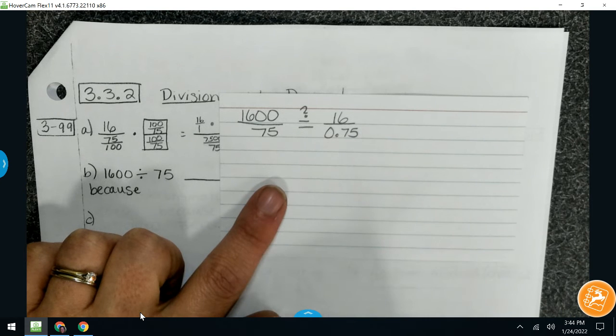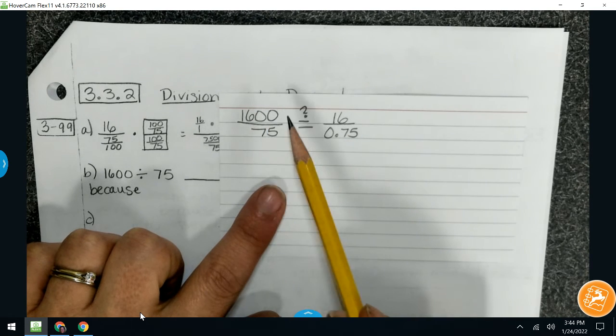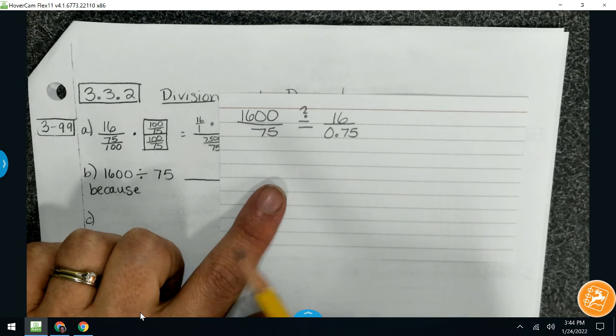Sometimes students get frustrated with these just because we've got a really large number and a decimal.